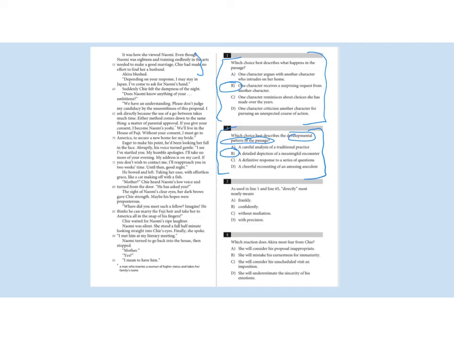It can't be a careful analysis of the traditional practice because he just poo-pooed it in the first paragraph. And there's no real series of questions. And I don't think you would call this an amusing anecdote or story. It's not really amusing. It's perplexing, to say the least, but it's not really amusing.